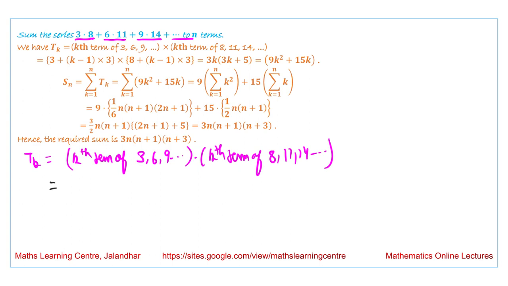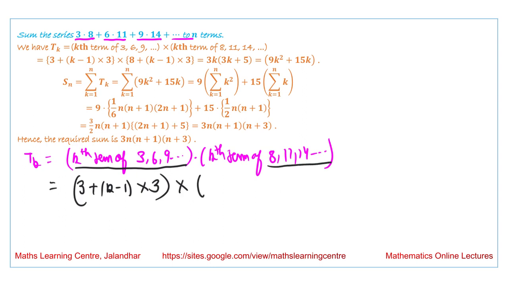So we can write this as, 3, 6, 9 is an AP. So the first term is 3. We are writing the kth term as first term plus k minus 1 into the common difference, which is 3. And 8, 11, 14 is also an AP, the first term is 8, k minus 1, the common difference over here is 3.